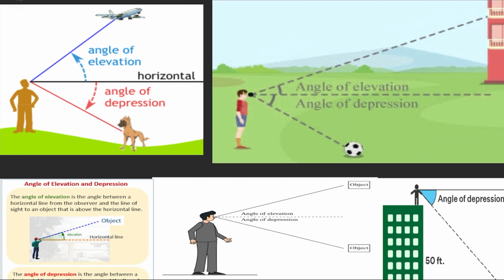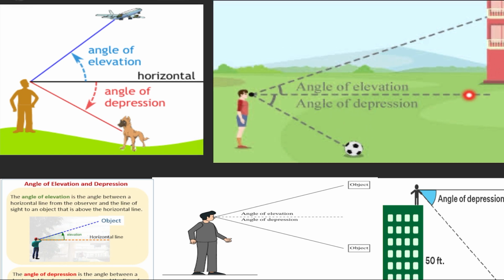From his sight of vision, I take a normal ray, that is the horizontal line. Above that, I take it as angle of elevation. And when he is observing the ball below, he will have to look down below this horizontal line. Then I take this angle as angle of depression. When he is observing below, the angle that is made with respect to this horizontal line, I call it angle of depression.